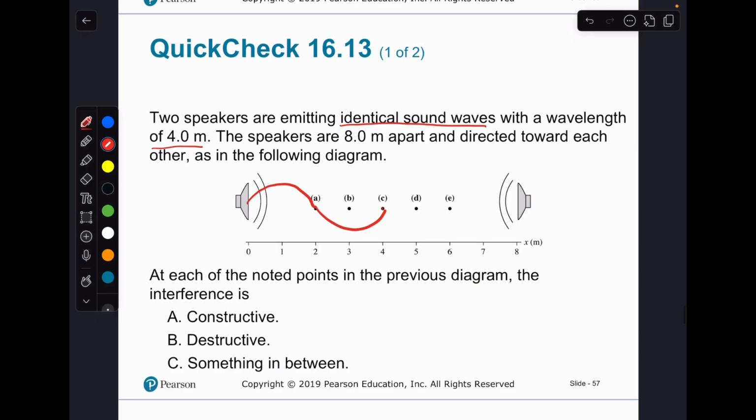So we're going to do that again. Okay, so there's our wavelength of 4 coming out of the left speaker. The wave coming out of the right speaker is going to start off as increasing just like it did for the left speaker because these are identical waves. And when you draw that out, what you see is completely destructive.